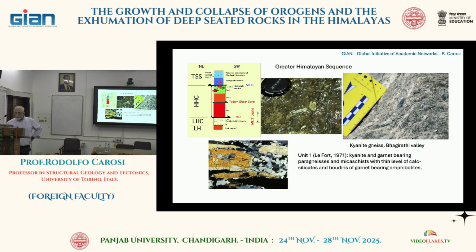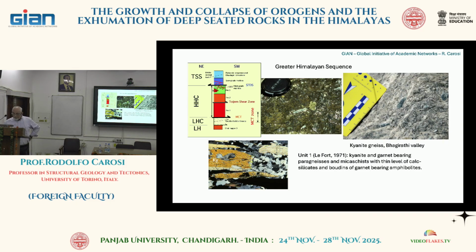Going down in unit 1, there are more or less kyanite and garnet bearing paragneiss and mica schist. You can see kyanite in the field here in Western Nepal, kyanite in Kaligandaki Valley, and kyanite in thin section like this. This mineral is kyanite in a quartz matrix.